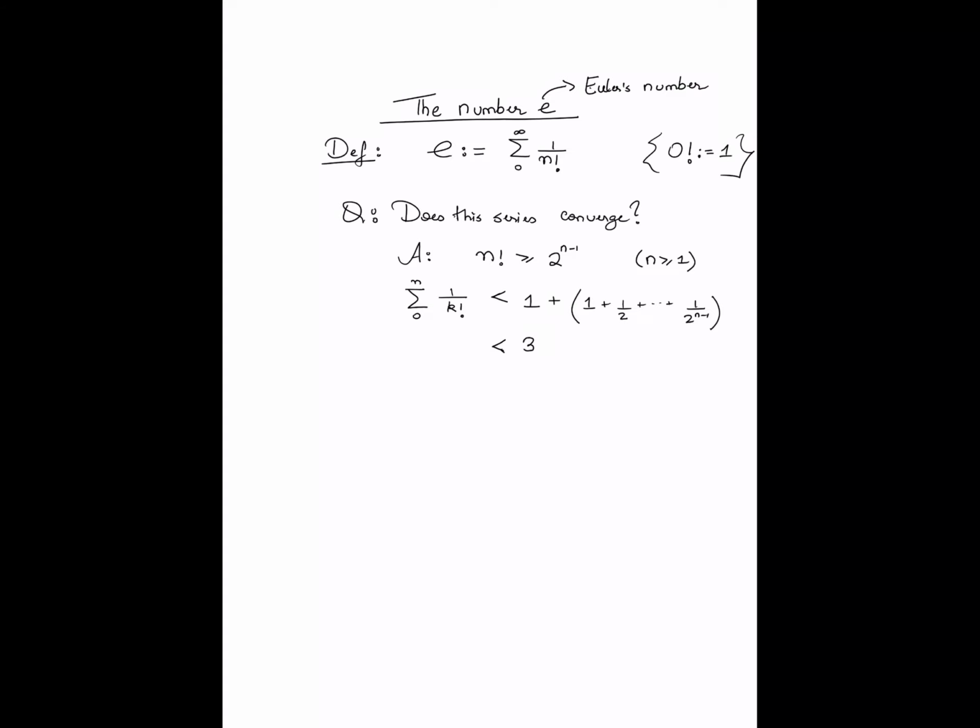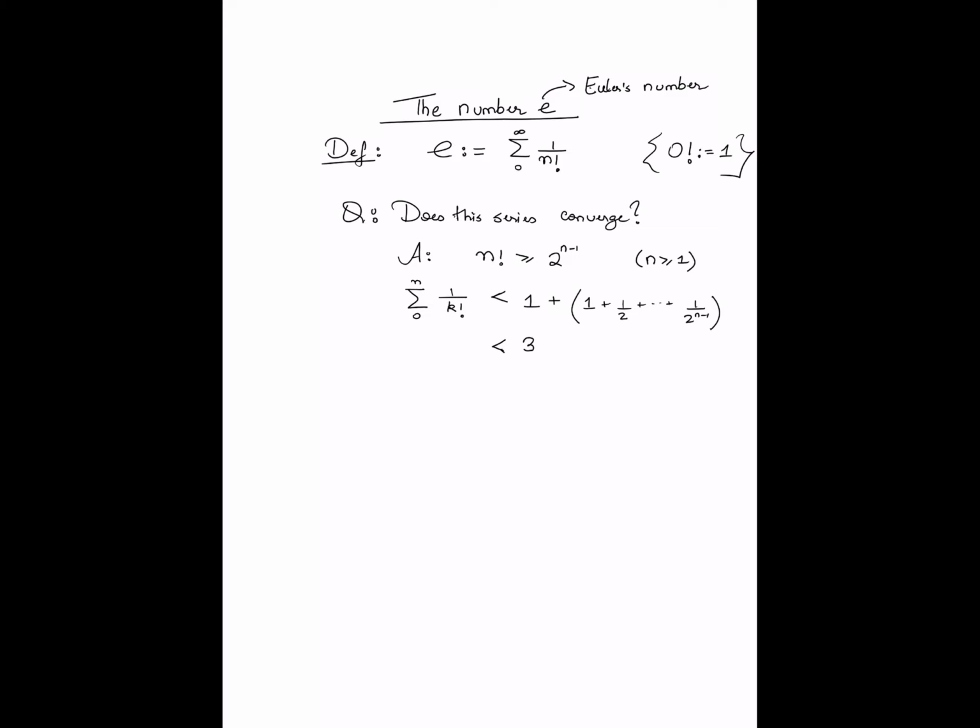So by comparison test, since I have a geometric upper bound to the individual entries of the series, clearly because the geometric series converges, the original series converges. So we are now sure that the definition of e is clean and sound.